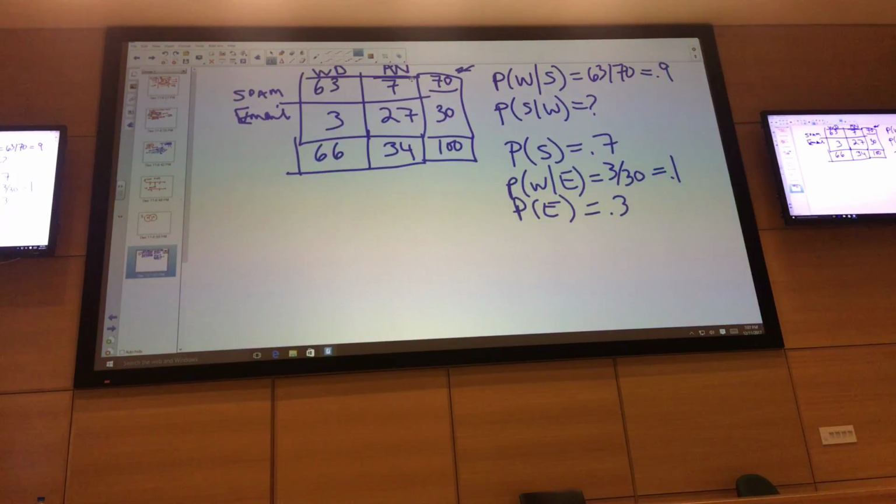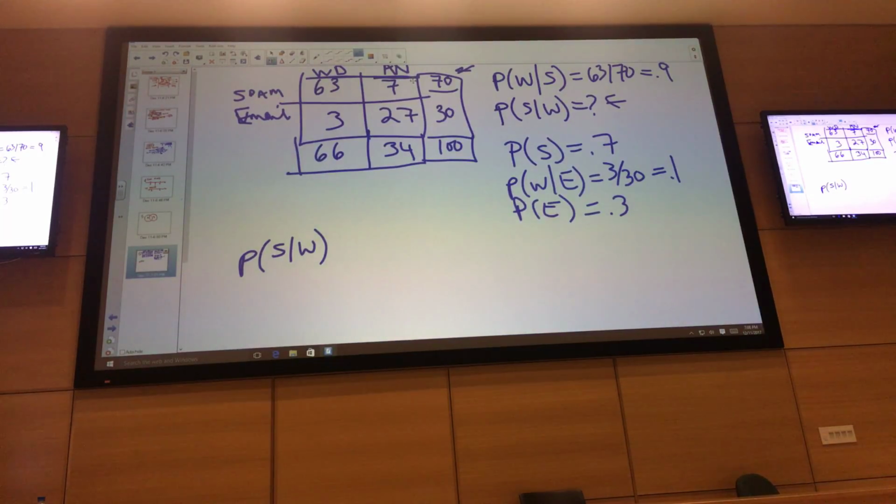So when I have all this information, what Bayes looks like, okay, this question right here is what we're going to answer. The probability that we have spam, given that we know there are wingdings in the email. The probability that this email is spam, given that there's wingdings in it. Every time an email comes in, we say, is there wingdings? There are. What's the probability that this is spam?